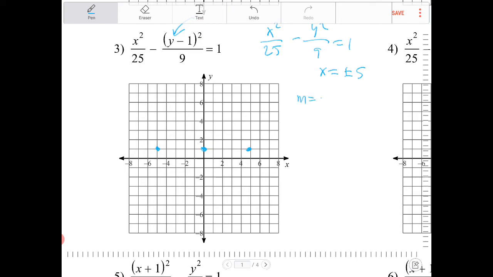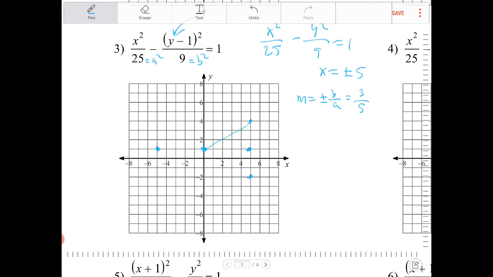So m is equal to, again, plus or minus b over a. Looking at this, I know that b squared is equal to 9 and a squared is equal to 25. So therefore, b would have to equal 3 and a would have to equal 5. So I have plus or minus 3/5. That means I'm going to go up 3 and over 5, down 3 and over 5.